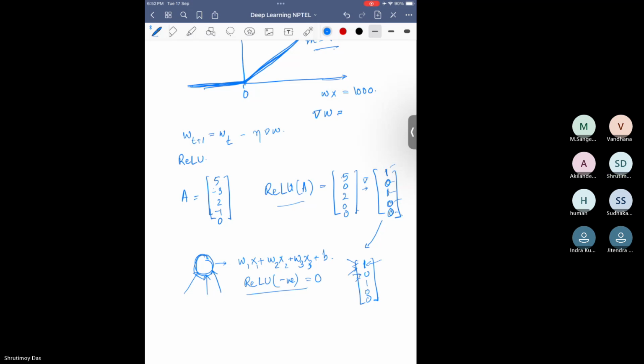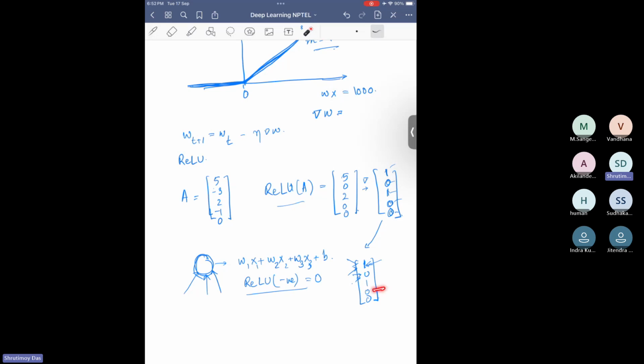Suppose you are back propagating through this neuron, because this is 1, the back propagation will go through here, and then it will update the corresponding weights. But suppose you come to this point 0, it will see that the gradient at this step is 0, so it will not update it.